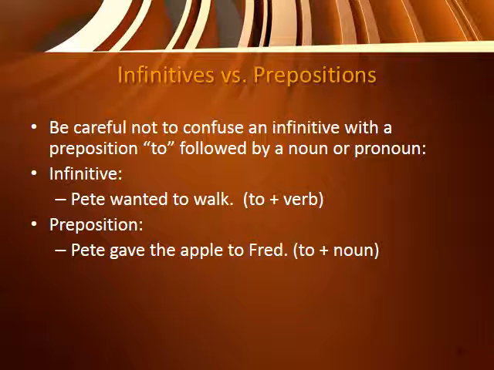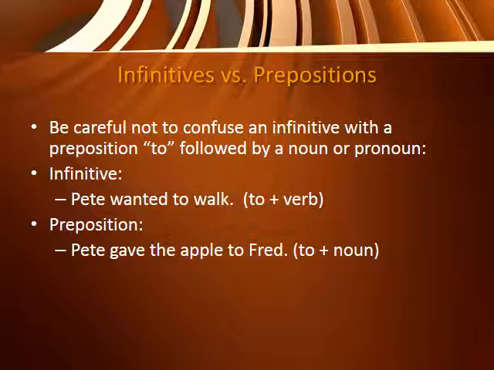Infinitives have to, and then you would have a verb. Pete wanted to walk. There's no article between to and walk, and walk is not an object of a preposition, therefore walk is a verb. To walk would then be the infinitive.